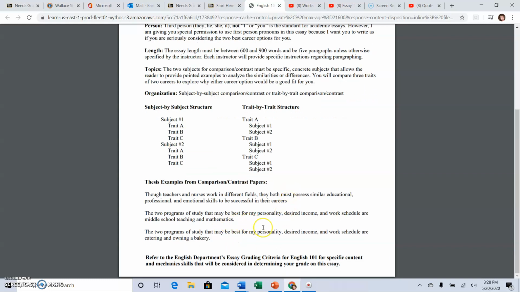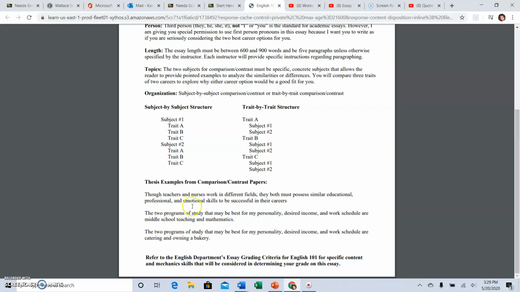So here are some thesis statements for your compare-contrast paper. You don't have to structure yours exactly this way, but I realize some of you are writing your first academic writing assignments using sources. So if you need to closely follow these thesis statements, you're welcome to do so.